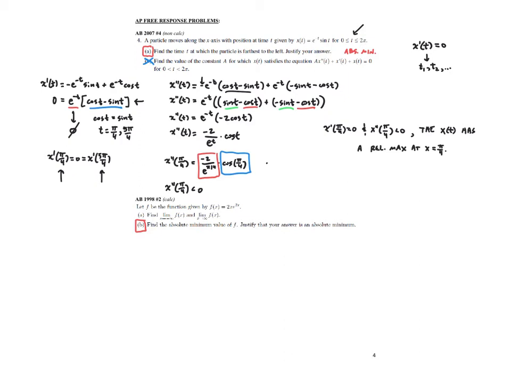Let's do the same thing for x double prime of 5 pi over 4. I would get negative 2 over e to the 5 pi over 4 times the cosine of 5 pi over 4. Cosine of 5 pi over 4 is less than 0 because that's in quadrant 3 and the x value is negative there.